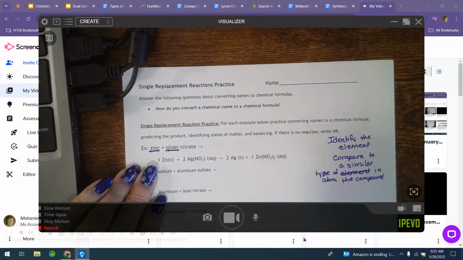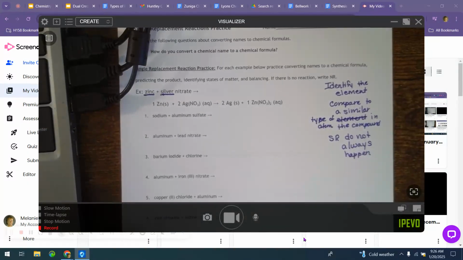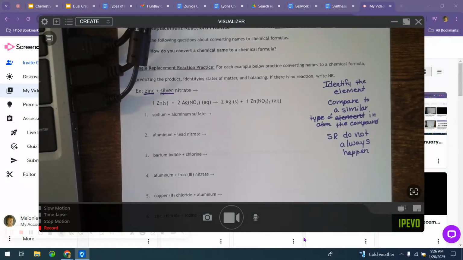Okay, so it turns out single replacement reactions do not always happen. Sometimes they don't happen and we have to write no reaction. So we have to figure out how to go about that.